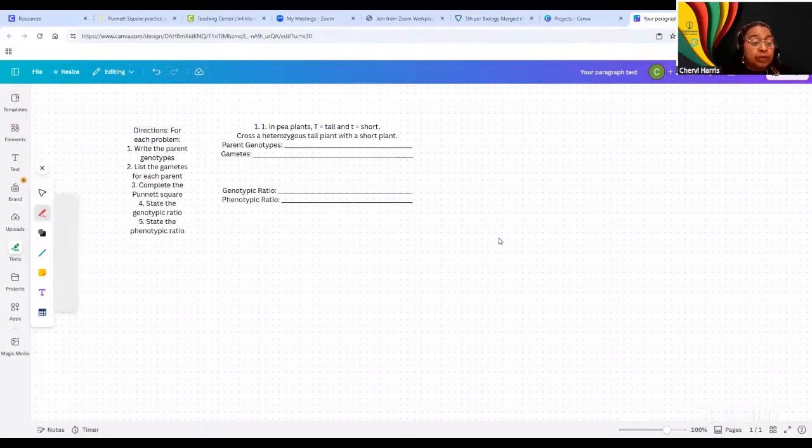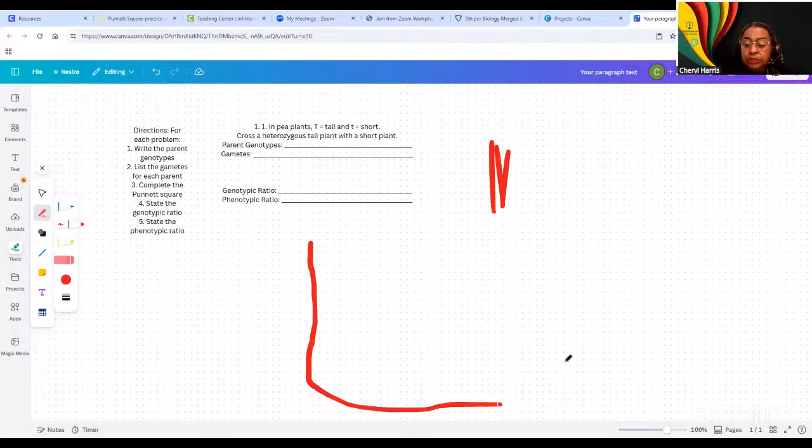I think I'm going to draw. Working with Canva sometimes is kind of difficult. Let me erase that. Well, I'm just going to draw it over here. And as you can see, my hand is not steady.